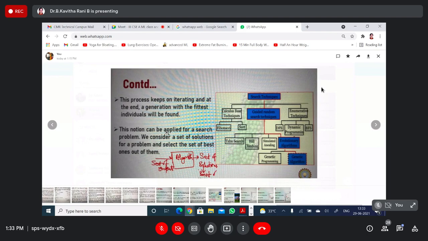There are different types of search techniques: calculus based techniques, guided random search techniques, and enumerative techniques. In calculus based techniques, we use examples like Fibonacci series and sorting problems. The genetic algorithm is one of the techniques used under random search techniques, and under evolutionary algorithms.